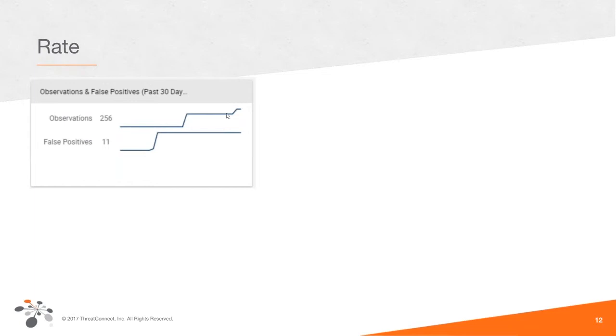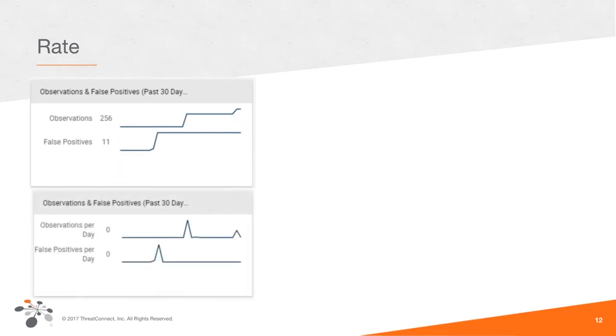But if I turn this into a rate, for example, observations and false positives per day, it's the same data, but instead of adding it every day, like I would if this were a corporate presentation about new customers, I can actually start to see some patterns emerge.